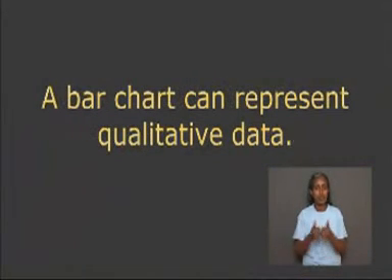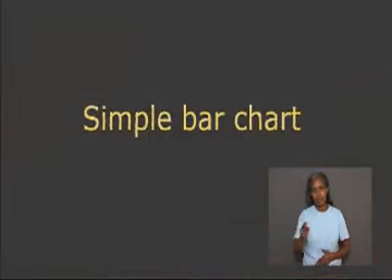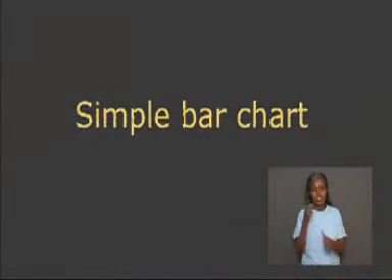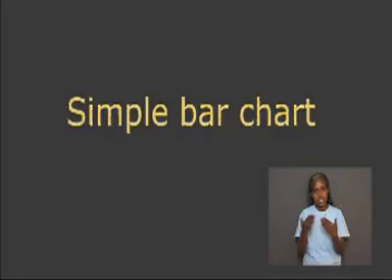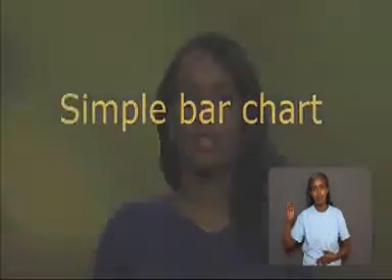However, a bar chart is capable of representing qualitative data, whereas a histogram requires a continuous numerical sequence. There are three types of bar charts. The first type is called a simple bar chart.